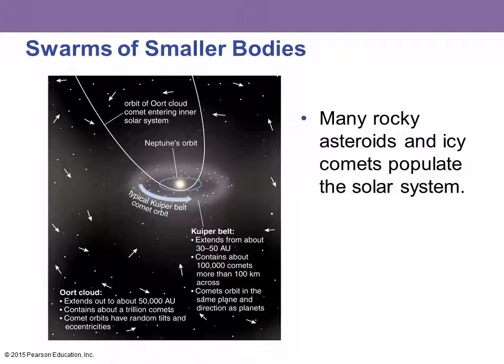We have asteroids, which are typically in the asteroid belt between Mars and Jupiter. We have this Kuiper belt, which is outside the orbit of Pluto, basically, where some comets come from. And then we also have something way out to 50,000 astronomical units called the Oort cloud, which is exactly that, like a spherical shaped cloud around our sun, where other comets exist.